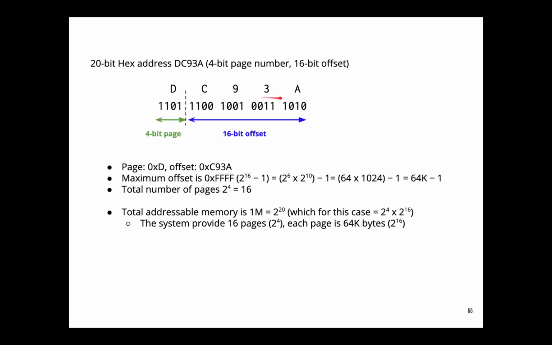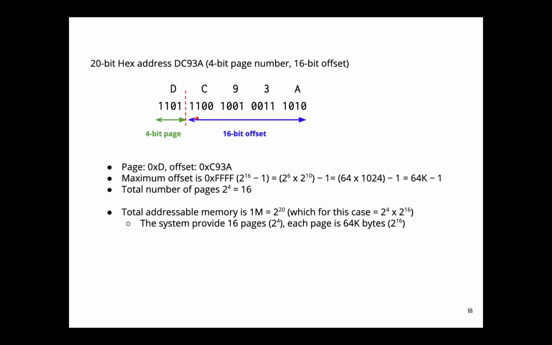The first hex digit translates to 1101, the next hex digit to 1100, and so forth, using 4 bits as page and 16 bits as offset. Now we can see that the first 4 bits will be the page number and the remaining 16 bits will be the offset. It's very easy from here to see that the page number is D and the offset is just C93A.